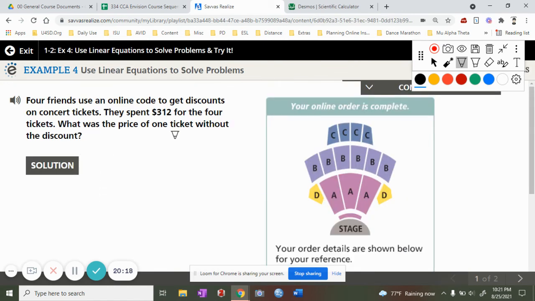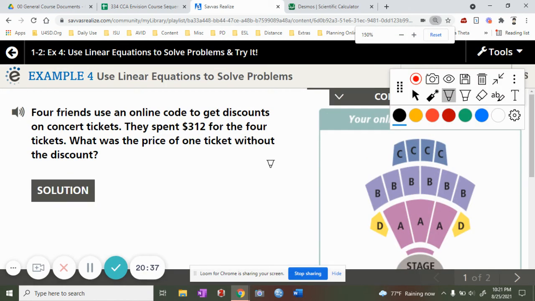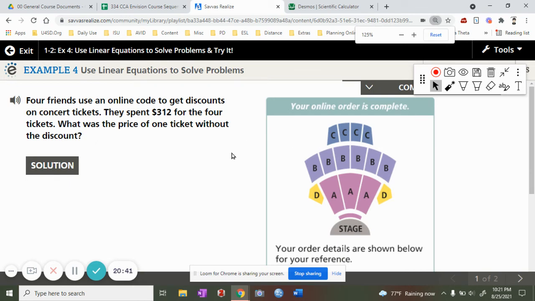Example 4 takes us through a scenario where we have 4 friends using an online code to get a discount for concert tickets. So they spend a total of $312 for 4 tickets. What was the price of one ticket without the discount? Okay, well, let's take a look at what we know.